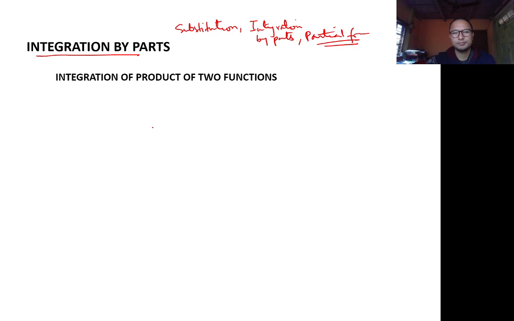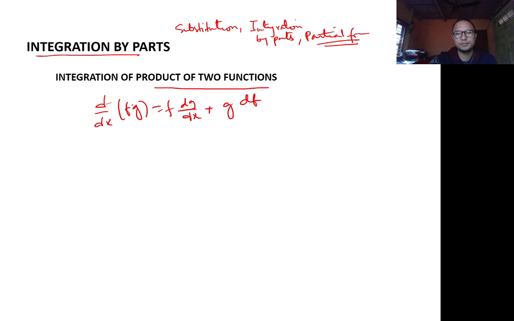Integration by parts is for the product of two functions. And yes, integration of a product of functions is not that easy. Differentiation has the chain rule and the product rule, but what about integration?